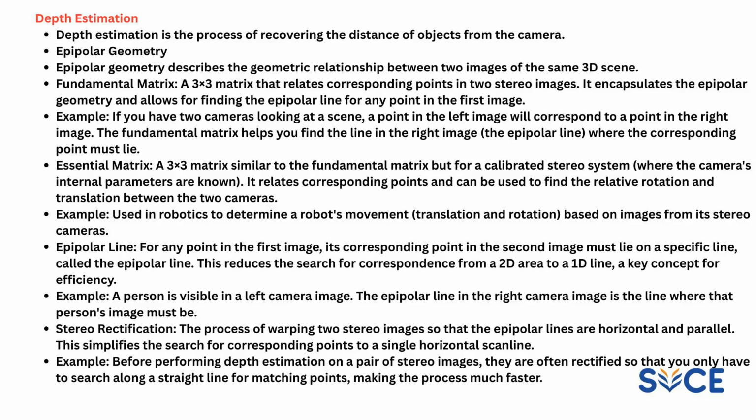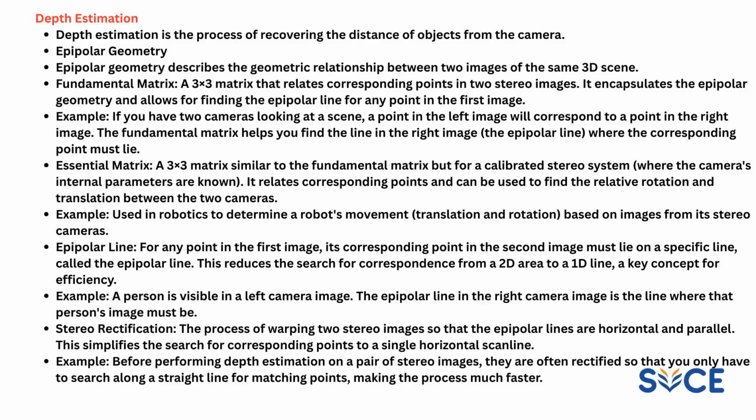We can also talk about epipolar geometry. Now here is where things get more mathematical but also more elegant. With two cameras looking at the same scene, how do we connect points between them? That is epipolar geometry.